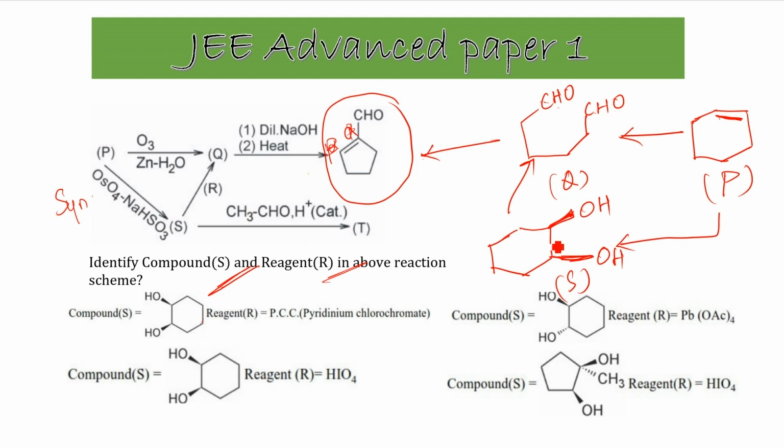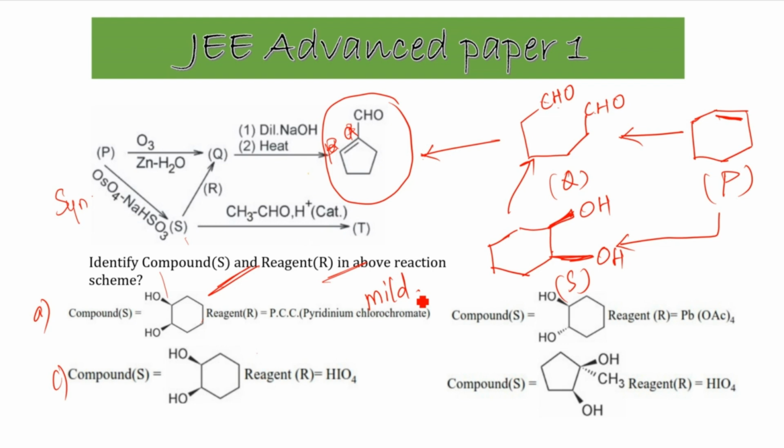So S is having secondary alcohols. How will that give you Q? Let's take out the options as well. Yes, so either option A or option C would be our right answer. With PCC, will that give Q, or is the reagent HIO4? PCC is a mild oxidizing agent, right?